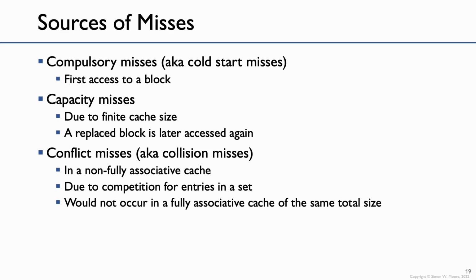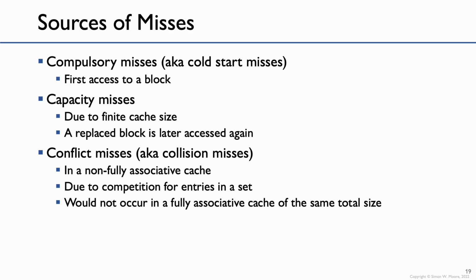We can also have capacity misses, and this is where the working set of the algorithm is bigger than the size of the cache, and one of the problems you can then see is that you have to remove a block from the cache which is later accessed again, and so that's a bit of a problem.